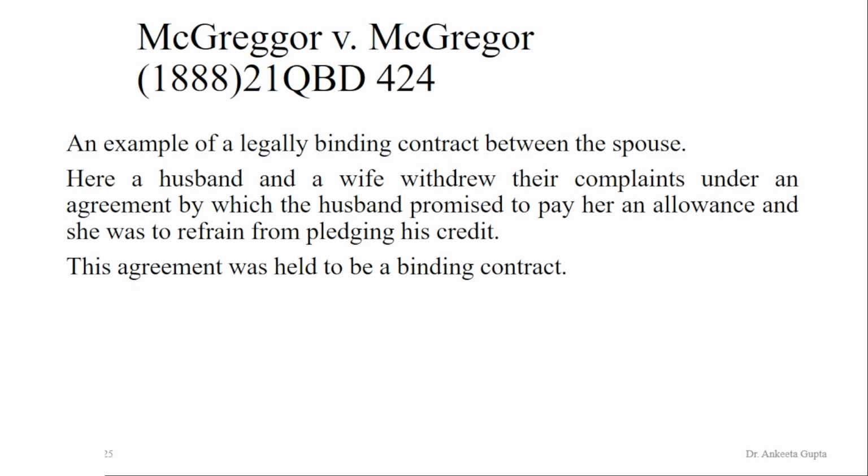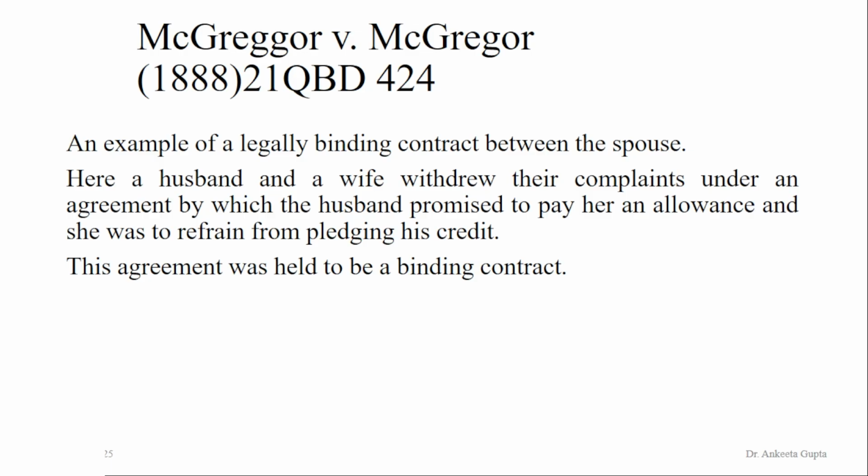So the agreement reached between both the parties was that they would withdraw complaints against each other, they would stop, and that the wife would stop pledging his credit, and the husband would pay a certain allowance to the wife. This agreement was held to be a binding contract.